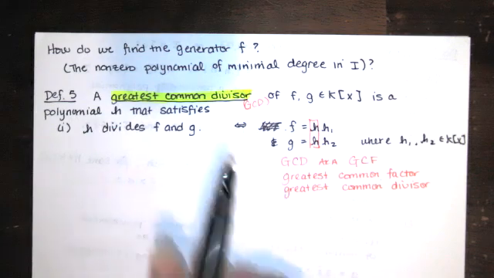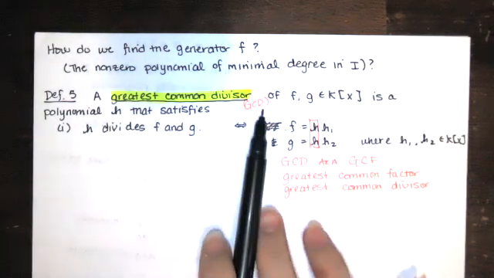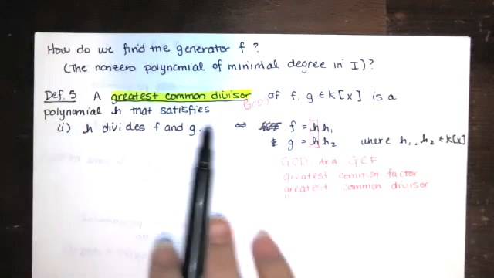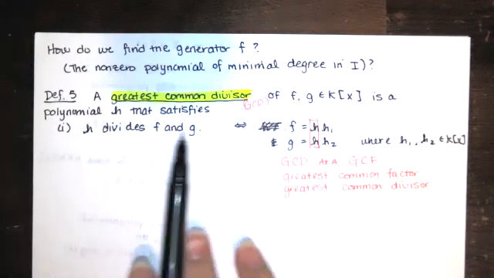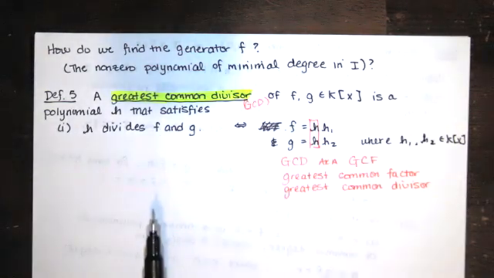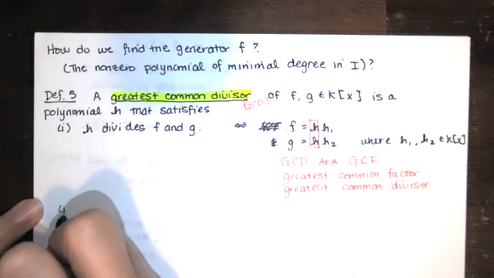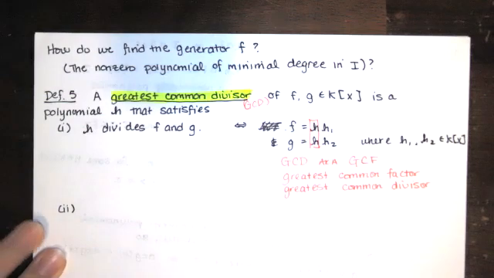Okay, so we said a greatest common divisor of f and g is a polynomial that satisfies this. First of all, it divides f and it divides g. That means it's a common factor. But in order for it to be the greatest common factor, the second part of this must hold.